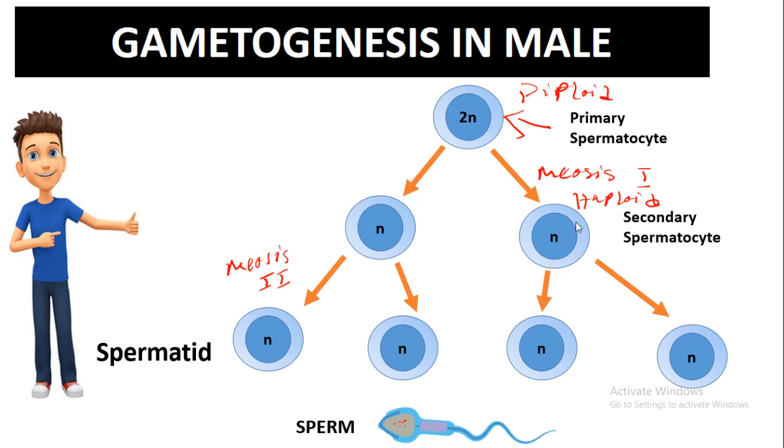But from the secondary spermatocyte to spermatid, there is no change in the number of chromosomes. Take note of that. There is no change, because this is meiosis 2.